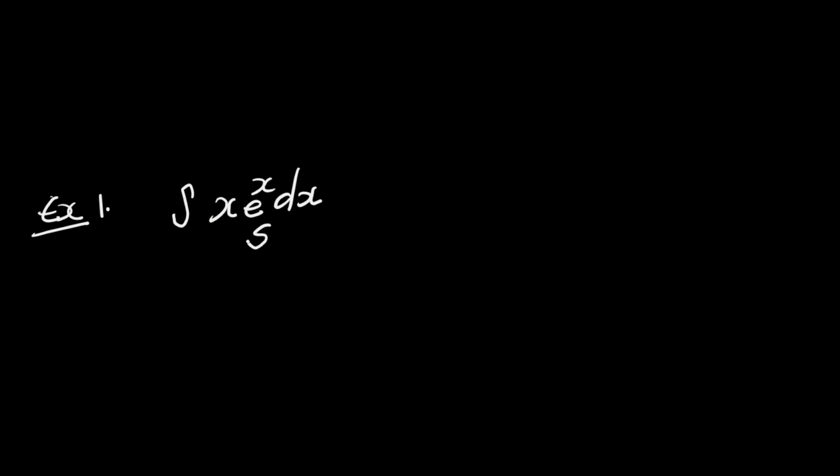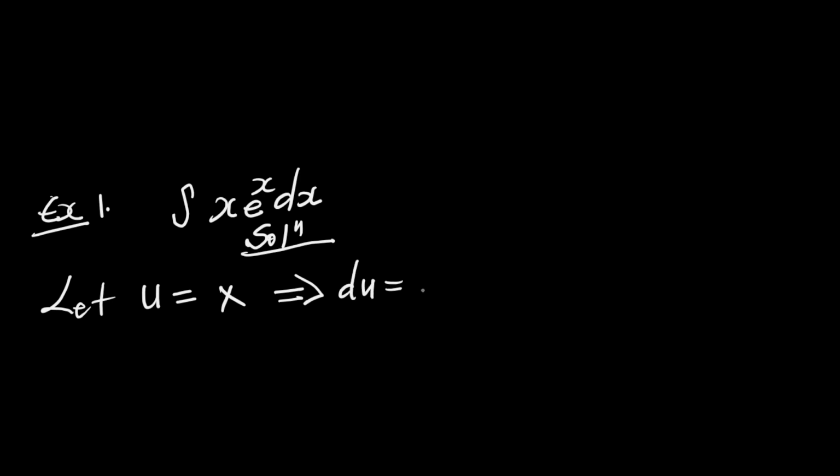Solution. Let u is equal to x. du is equal to dx. dv is equal to e raised to the power x. v is equal to e raised to the power x.